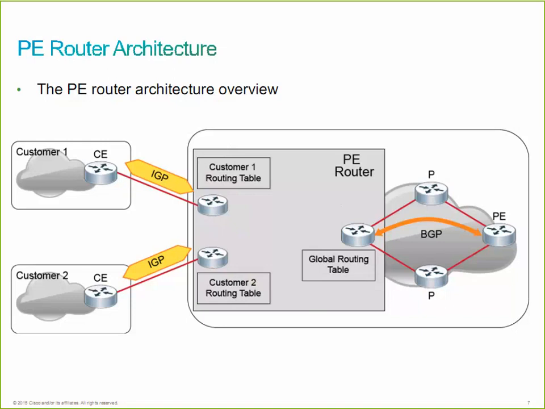So to solve this problem, particularly in MPLS VPN, there was a concept we call a route distinguisher, or RD, introduced. The basic idea is that each prefix that gets distributed from the customer VRF routing instances receives a unique ID.